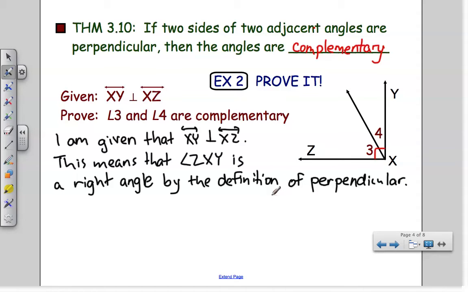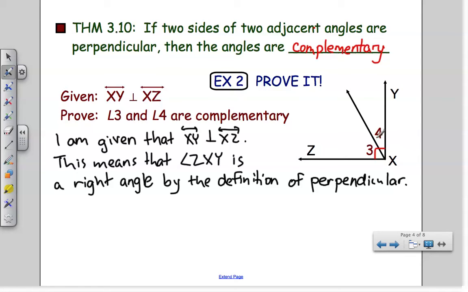Alright, what else do I know here? Well, I know that if I have a right angle, angle ZXY, don't I know that a right angle measures 90 degrees? And angles 3 and 4 together form angle ZXY. Therefore, they must add up to 90 degrees.